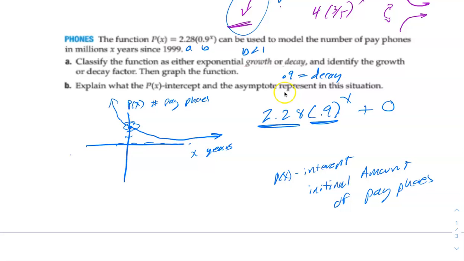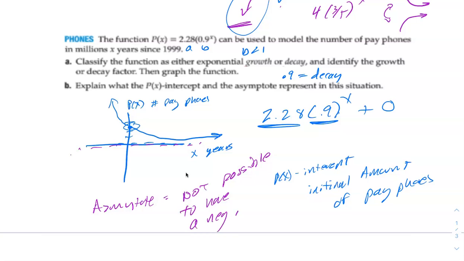And the asymptote represents, so the asymptote is this guy. The asymptote represents that's like the lower bound. You're never going to have negative payphones. It's not possible to have a negative amount of payphones.